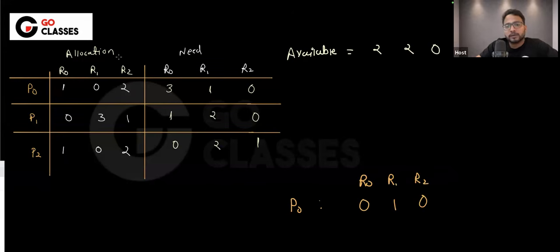So if you allocate from the available, first of all, this will be lesser, this will be 1. Now the future need of P note will also be lesser, this will be 0, and the allocation will be greater, so this will be 1, right? Okay. Now the table has been modified.